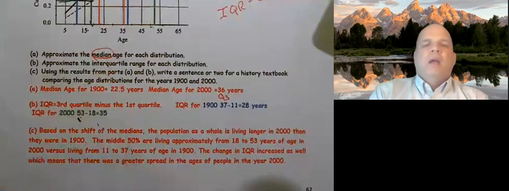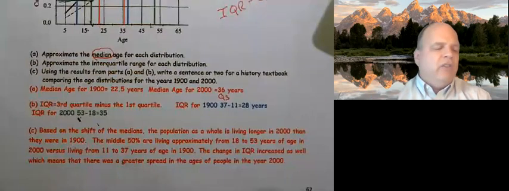The middle 50% are living approximately from 18 to 53 years of age in 2000 versus from 11 to 37 years of age in 1900. In other words, the IQR increased as well, which means there was a greater spread in the ages of people in the year 2000.